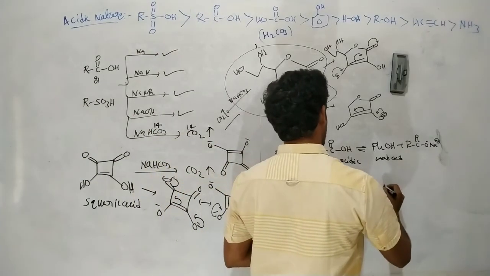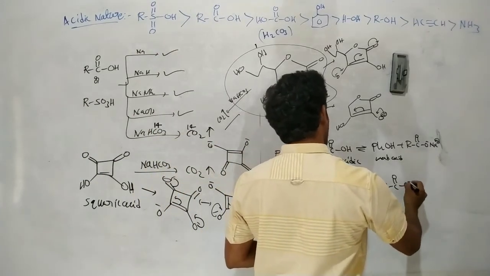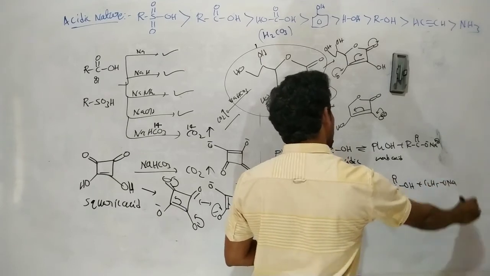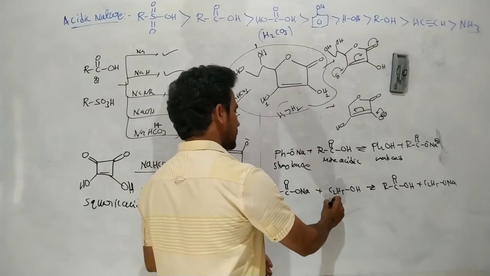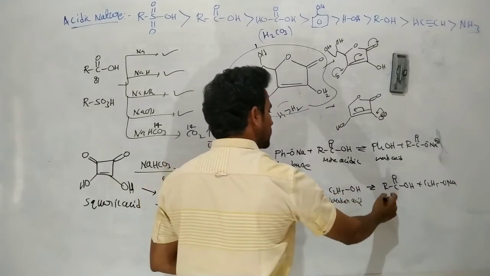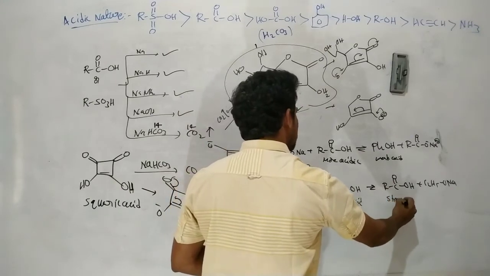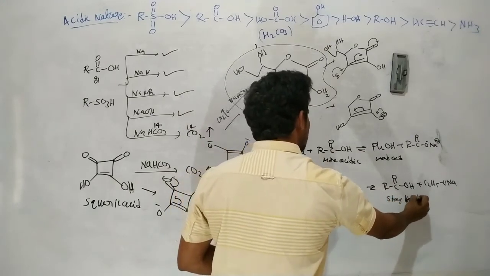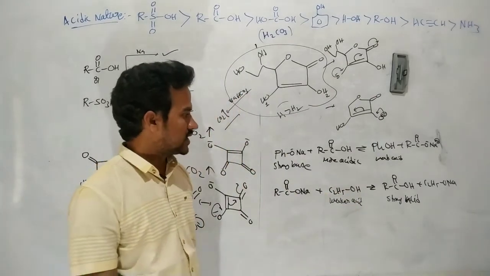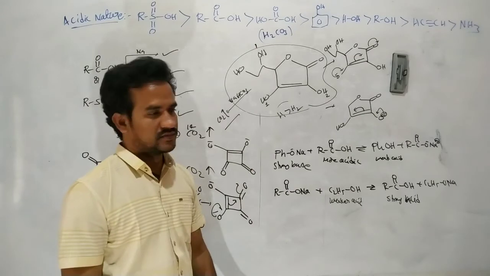Now here, I am writing RC=O OH plus C2H5ONa. Here this is the weaker acid when compared to this carboxylic acid. This carboxylic acid is a strong acid; carboxylic acids are stronger acids than alcohols. So here, stronger acid, weaker acid.